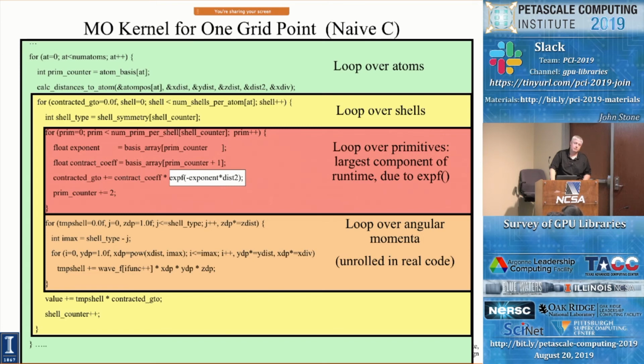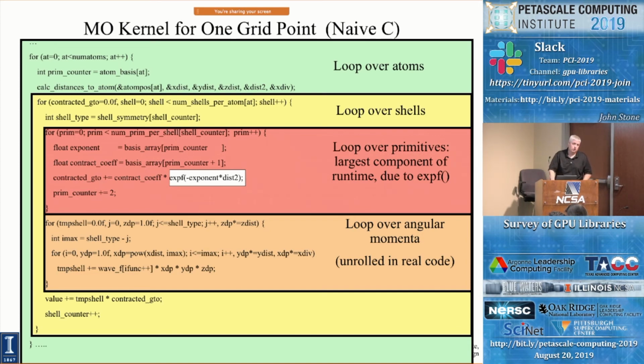Because it is a math library call, a lot of compilers are totally incapable of vectorizing this code, so it means it's running as scalar code, no vector unit use at all, and the only benefit on the CPU would be running on multiple cores. So that's something, but it's far from what I want.